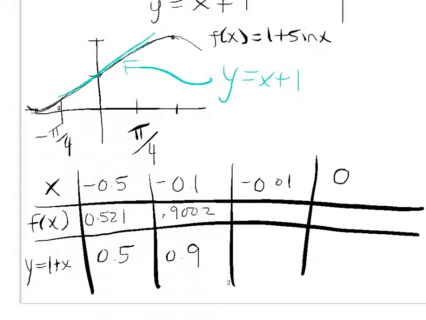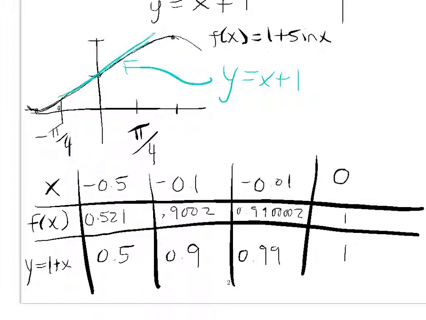That's even better, they're even closer. Then 0.9900002 and 0.99, even better. And at 0, they're both exactly equal to 1. So our approximation gets better and better as we get closer to 0.